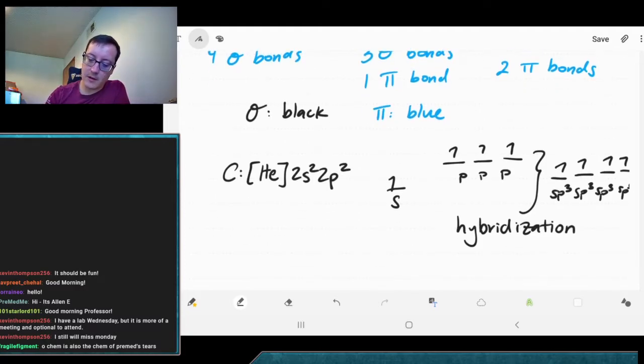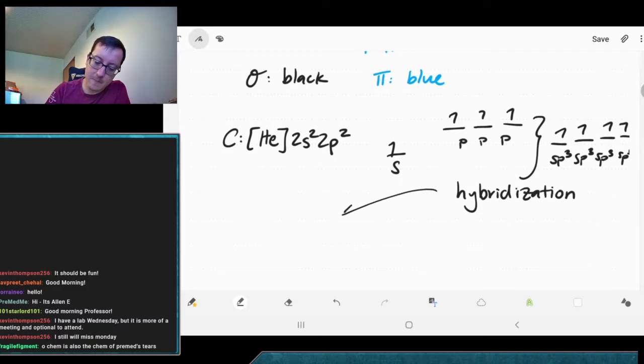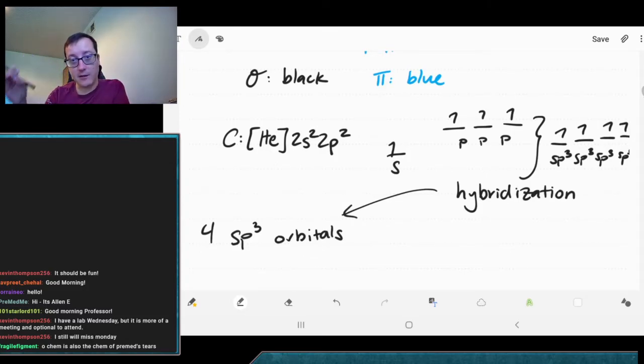So this tells us that we're going to end up with 4 sp3 orbitals by combining the s and 3 p orbitals to make them of equivalent energy.